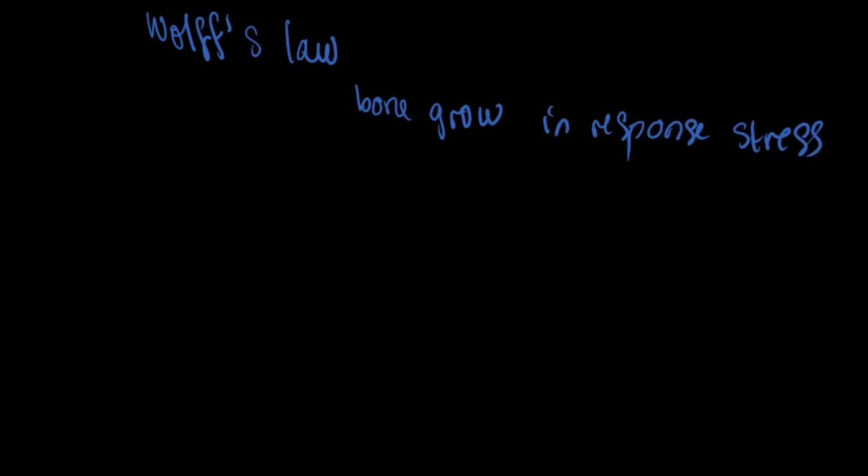Now, Wolff's law states, or is paraphrased, that bone grows in response to stress. So the more stress applied on a bone, the more likely it is to grow, and the less stress applied on the bone, the less likely it is to grow. Put in a different way, bone grows or remodels in response to the demand placed on it. Of course, when we make use of the bone, it's being subjected to stress and it's more likely to grow.